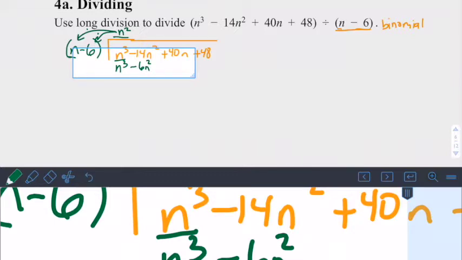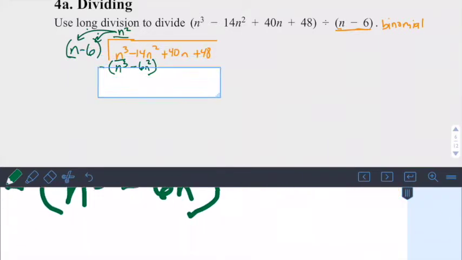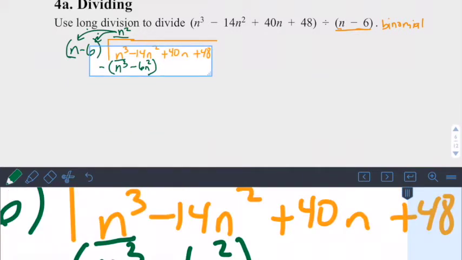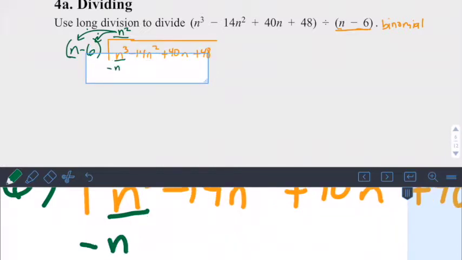And now we're going to subtract all of that. The parentheses are very important here, because what we get is minus n cubed and then minus minus 6n squared, which makes this plus 6n squared. So I'm going to rewrite: minus n cubed, and plus 6n squared.